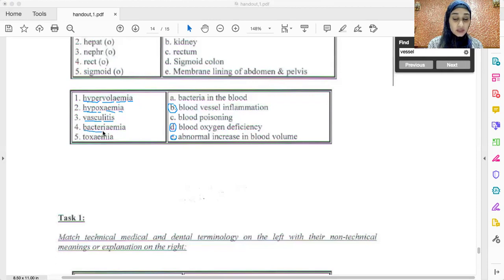We have bactero means bacteria, and emia, mu means blood, and ya means condition. So it's the condition of having bacteria in the blood. The answer will be number A. Toxemia means toxo means poison. So the answer will be number C, blood poisoning.